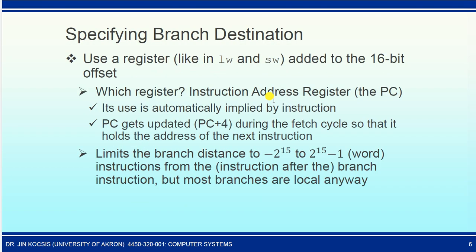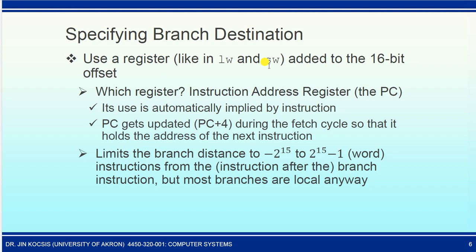In order to do so, we borrow the idea of representing the memory address of the data in the memory when we represent load word and store word. If you recall, the memory address of the data we want to load from or store into is not directly represented in the load or store word.